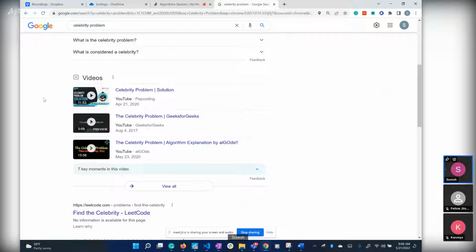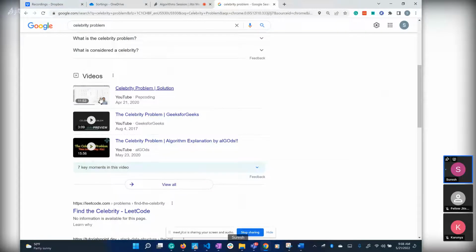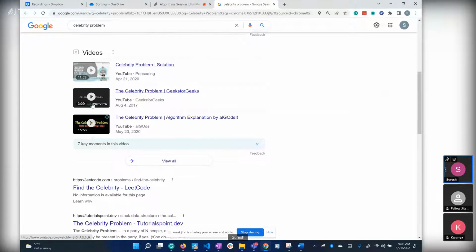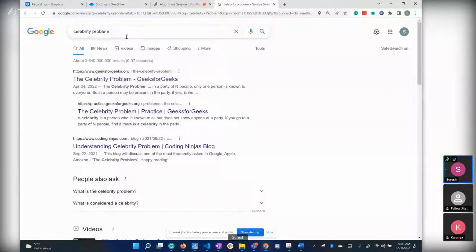Since I usually follow the node class and linked list kind of thing, maintaining a list is better and easier for me than going with a matrix. If you still want to try to understand these problems that way, go with it. You can just search for the celebrity problem, and you will find a couple of videos.